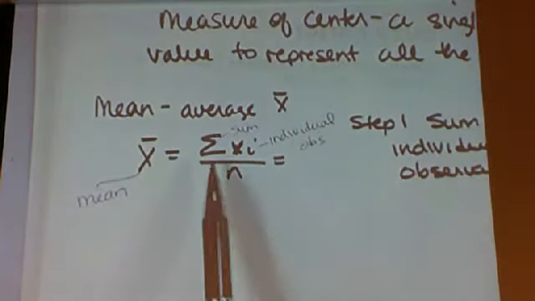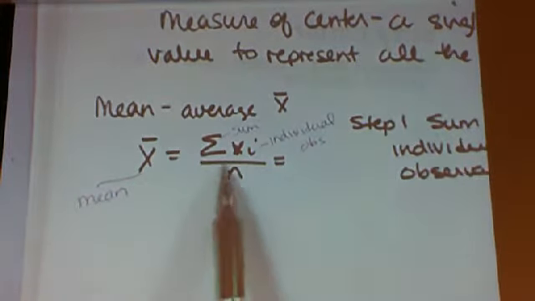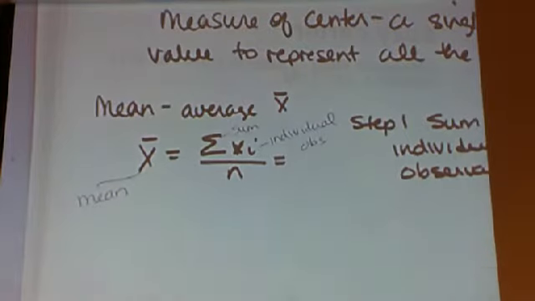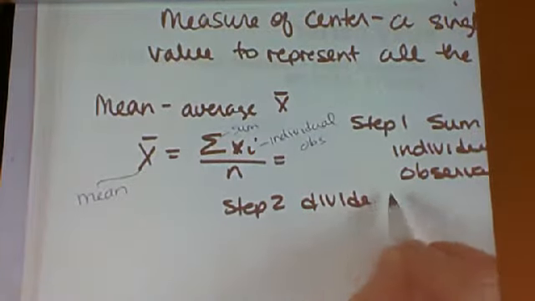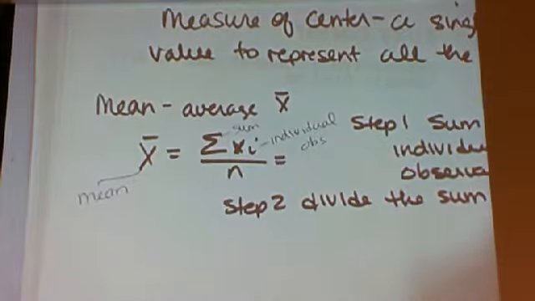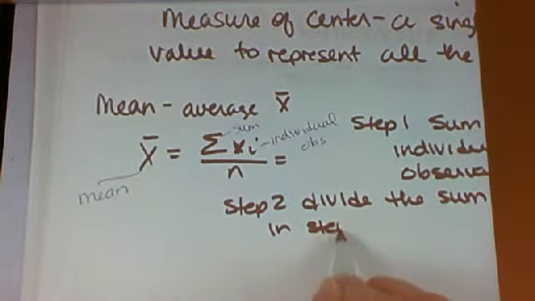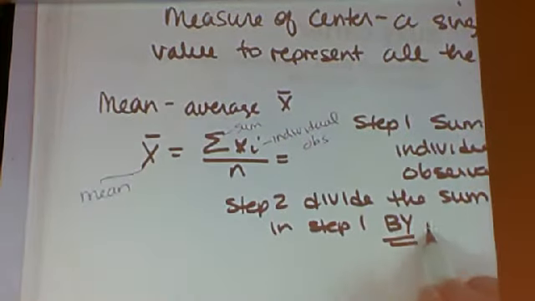That's what this top part means. What does this line mean? Divide. So step 2 is divide the sum found in step 1 by n, or the number of observations.